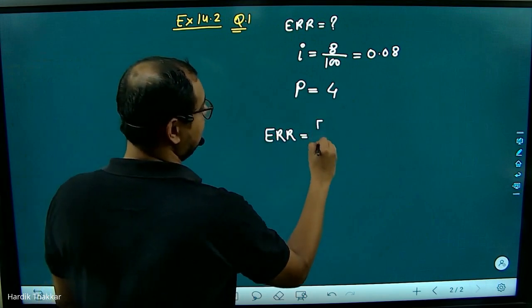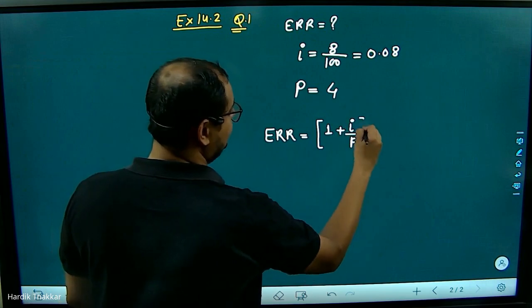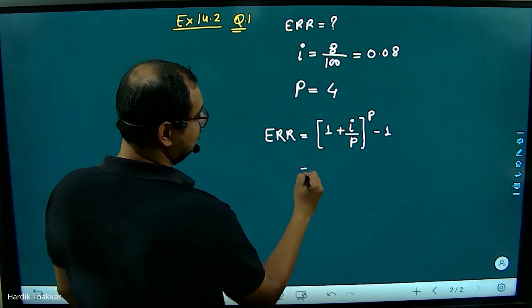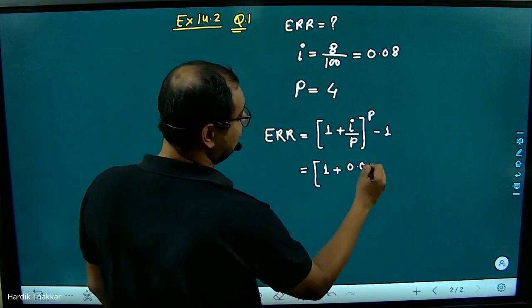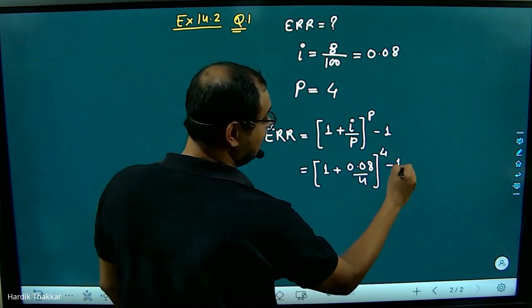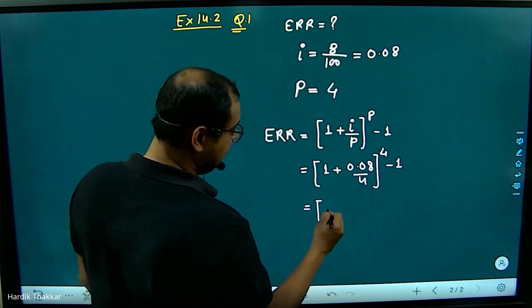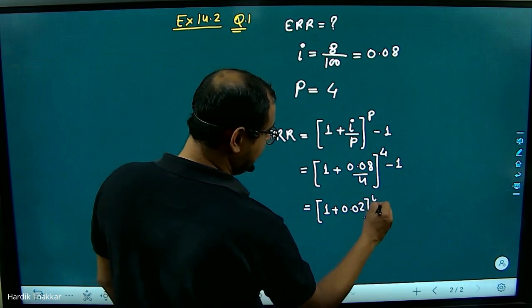Now write down the formula for ERR, effective rate of return. It is (1 plus I upon P) whole raised to power P, minus 1. So it will be (1 plus 0.08 upon 4) whole raised to power 4, minus 1. Correct. Further, it will be (1 plus 0.02) whole raised to power 4, minus 1.